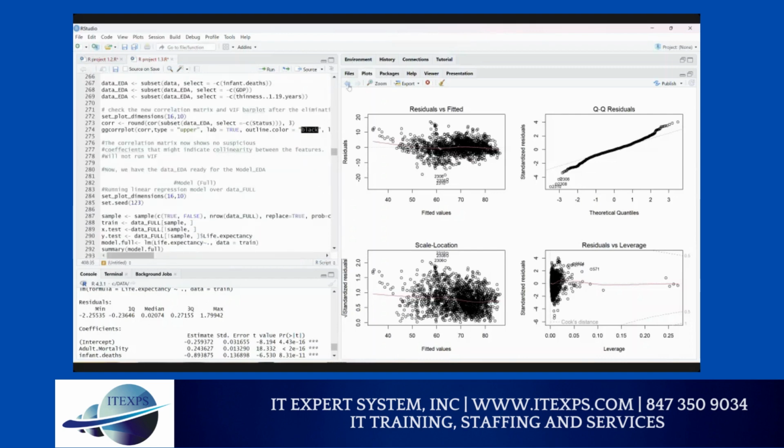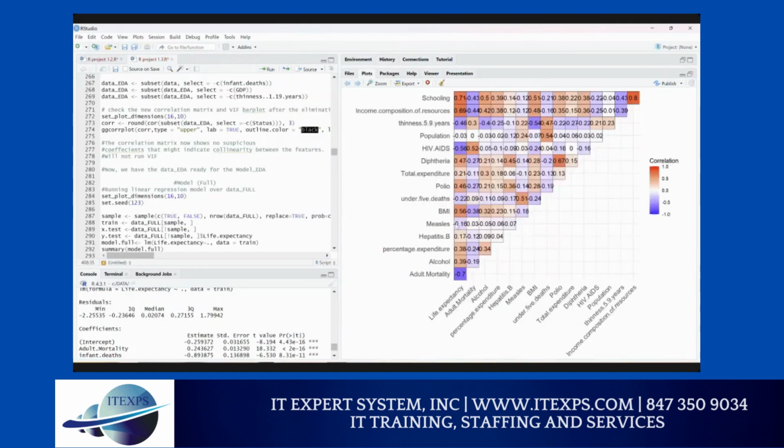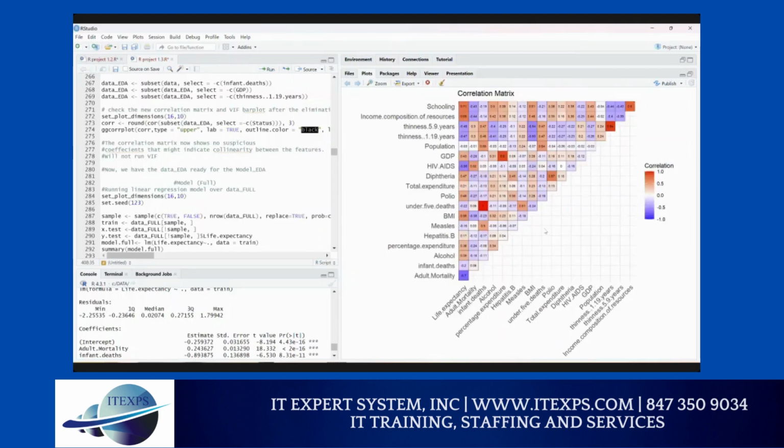There was some kind of statistical formula, if I understand the question correctly, where you can check it. For example, even on this correlation matrix, we can see GDP has a high correlation with percentage expenditure.